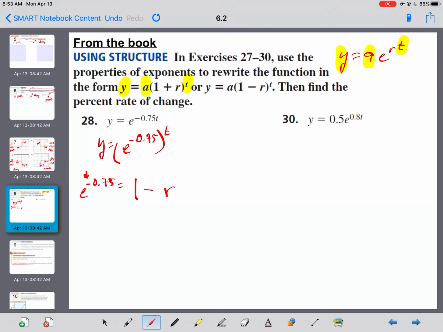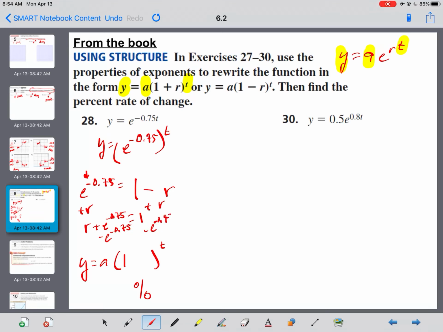So if I want to know what r is, because what it asked me to do is rewrite the function in a y equals, so I'm going to fill in the blank, y equals a times 1 something, and I'm going to put in something for r to the t, and then I have to give it in percentage. R is a percent. So I'm going to move my r over, and so r plus e to the negative 0.75 equals 1.